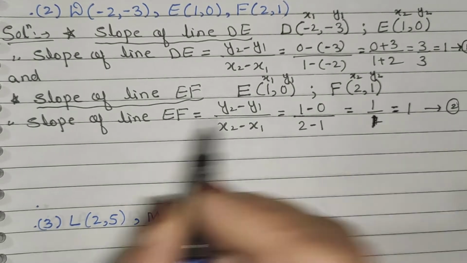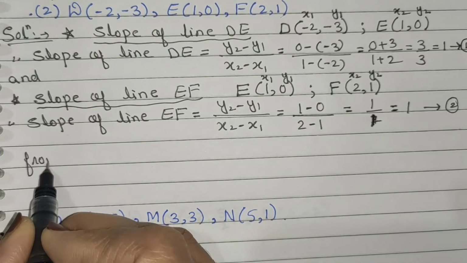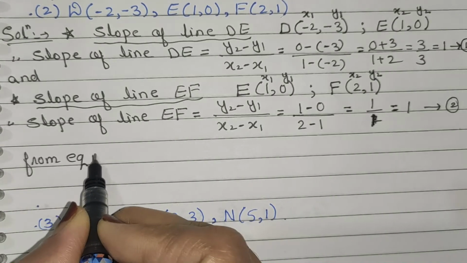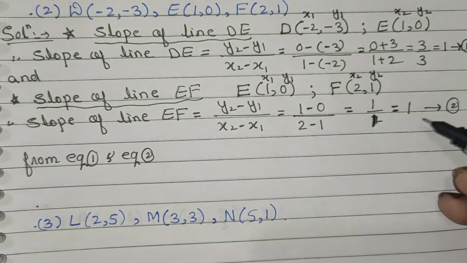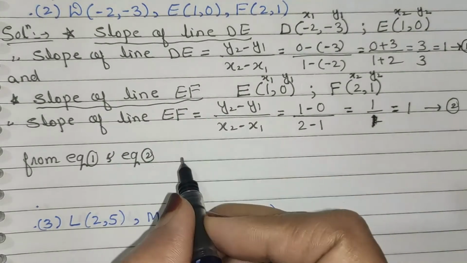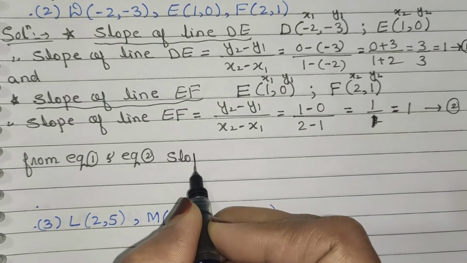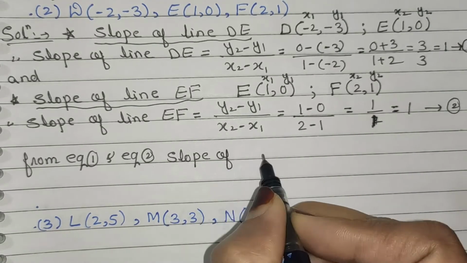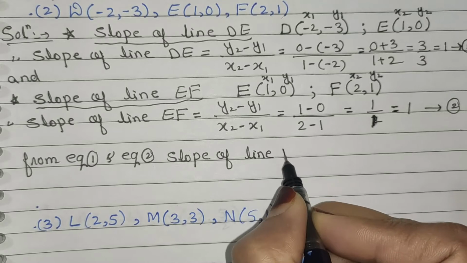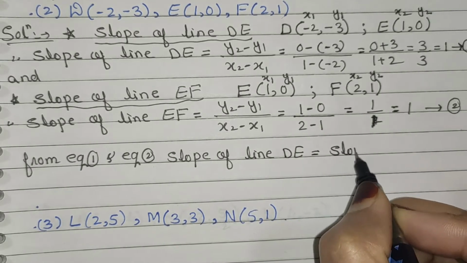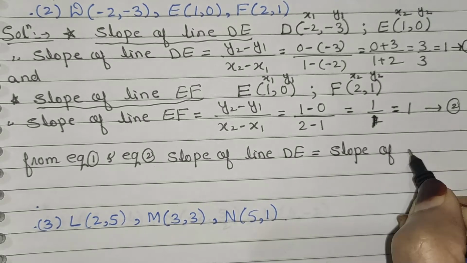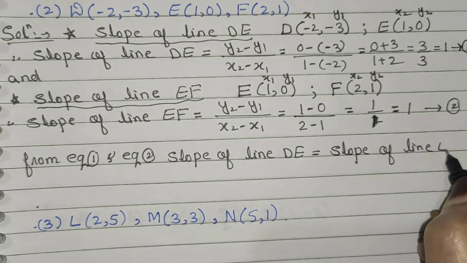Now from equation 1 and 2, right hand sides are equal, therefore we can write here slope of line DE is equal to slope of line EF.